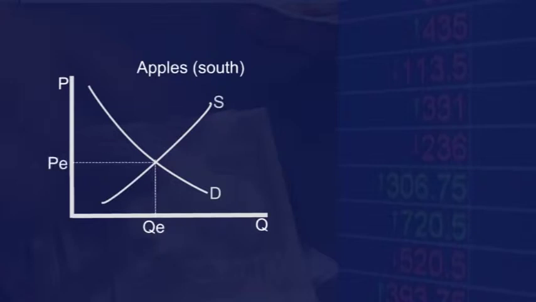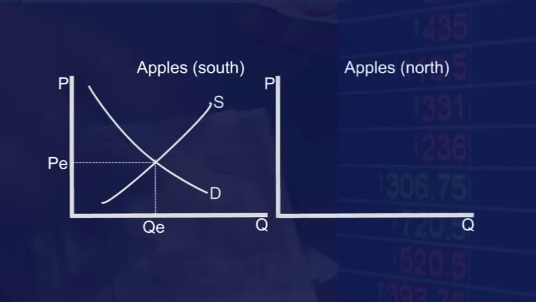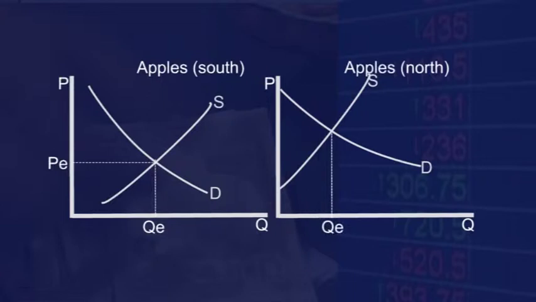And this is to the south, and to the north there is quantity, price again, and you have a demand curve and you have a supply curve. So this is your D, this is your S supply curve, and this is your equilibrium quantity to the north, and this is your equilibrium price to the north.